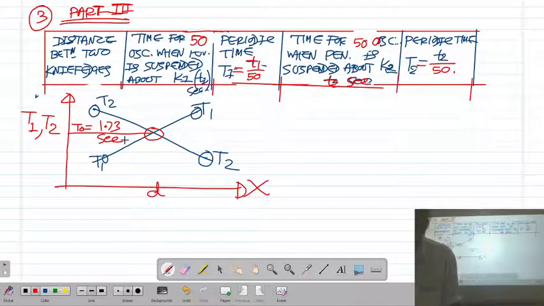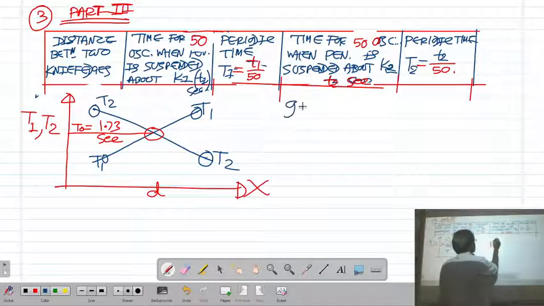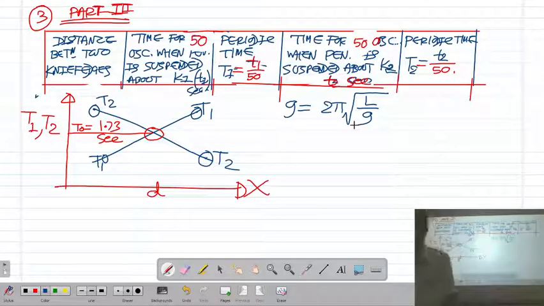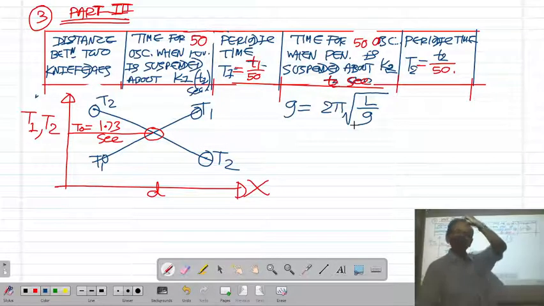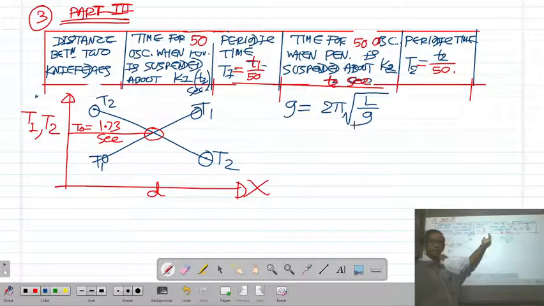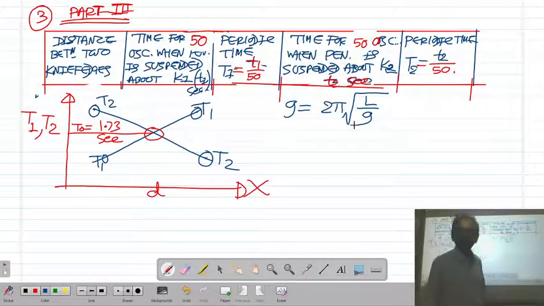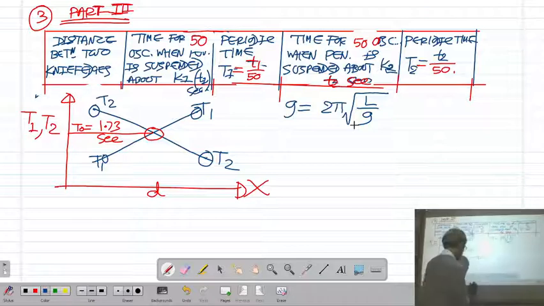Okay. Now we know the equation of g. For a simple pendulum, T is equal to 2 pi under root L by g. This is the equation, right? Kater's pendulum is treated as a simple pendulum.